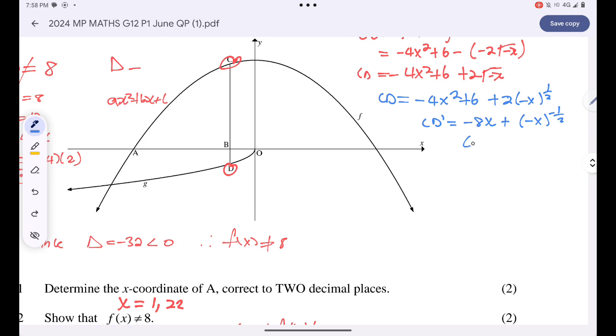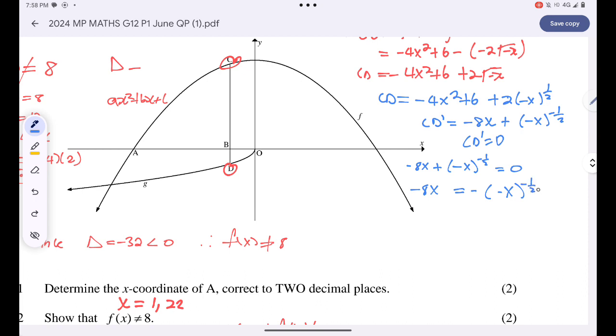Remember that, guys, for maximum length, the derivative should be 0. That means negative 8x plus negative x to the power of negative half should be equal to 0, right? And therefore I simply have negative 8x is equal to the negative of negative x to the power of negative half.